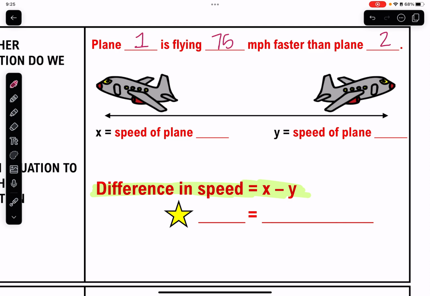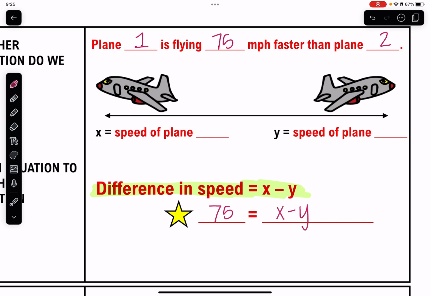Always. So that's just something that we can universally accept. The difference in speed is going to be x minus y because I'm saying x is the faster plane, right? So because x is the faster plane, plane 1, I'm going to say x minus y. Now, if you said plane 2 is faster, you would want y minus x. That one's the faster one, so that one's going to be the bigger number. So we can say my difference in speed is 75 miles per hour equals x minus y.